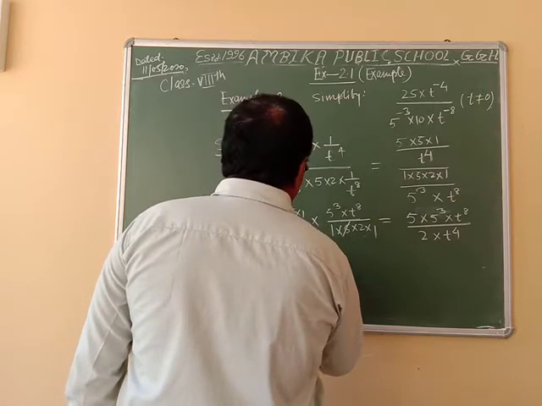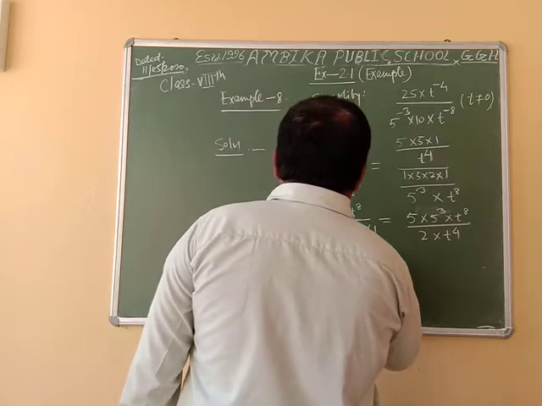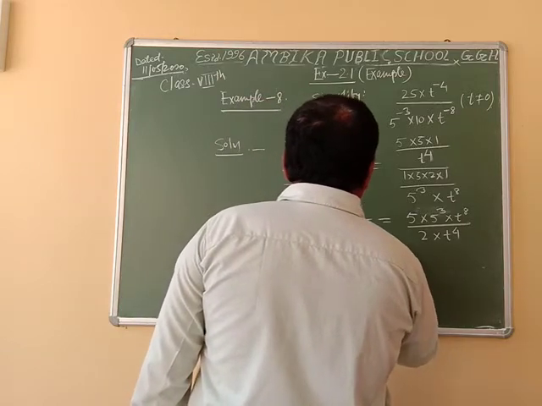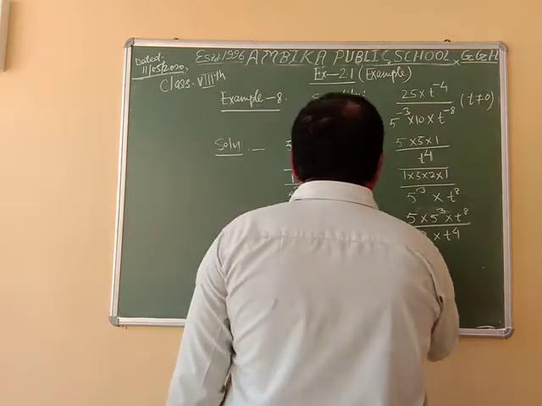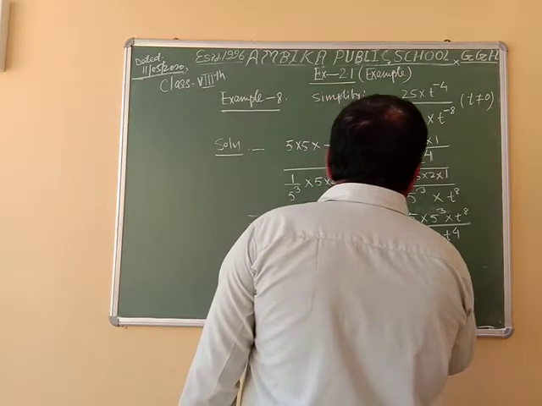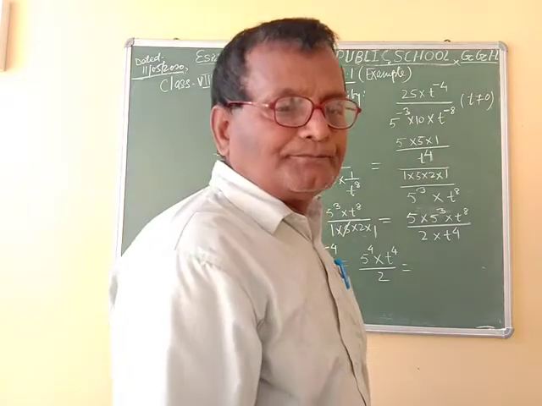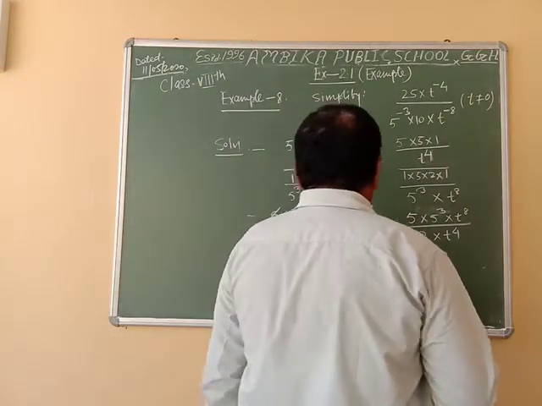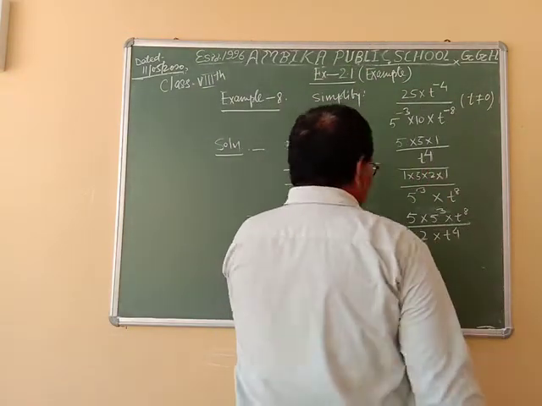Equal to 5 to the power 4 into t to the power 4 by 2, is equal to 5 to the power 4.